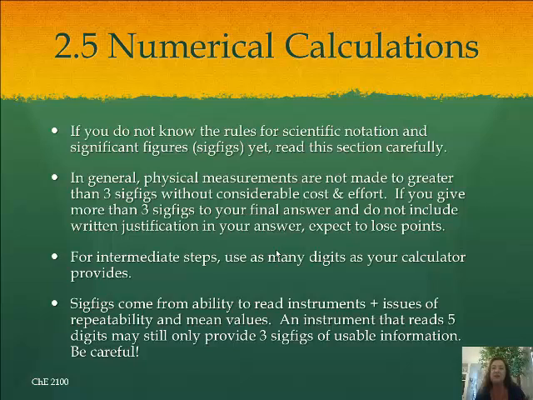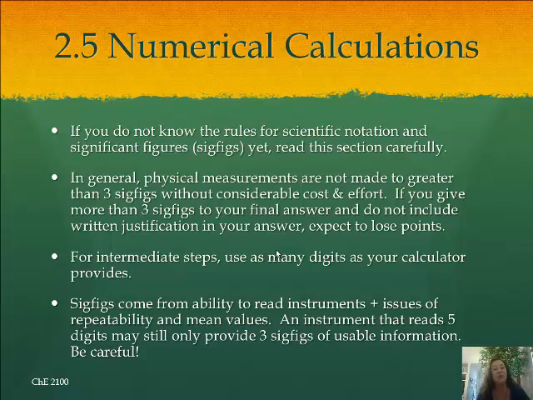I personally find that physical measurements that are made with more than 3 significant figures require a great deal of effort, a great deal of money to purchase the equipment to do those measurements. So in general, most engineering calculations should never have more than 3 significant figures.